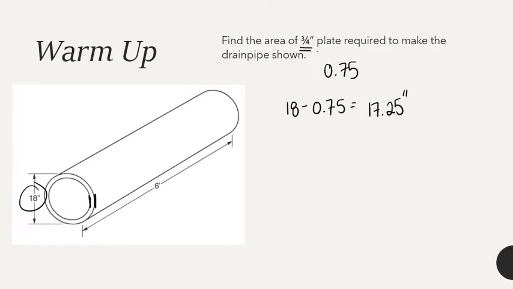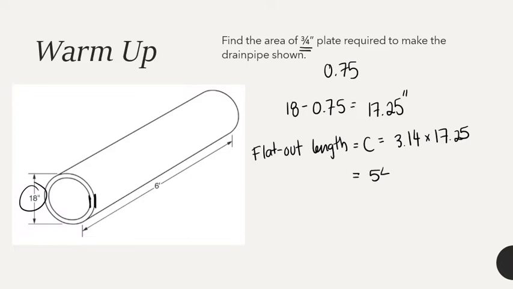I use this average diameter to find a circumference, which will be our flat out length, our unrolled length. C equals pi times 17.25. This gives me 54.165.